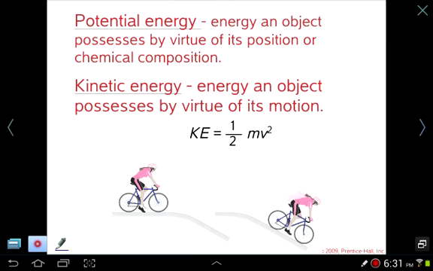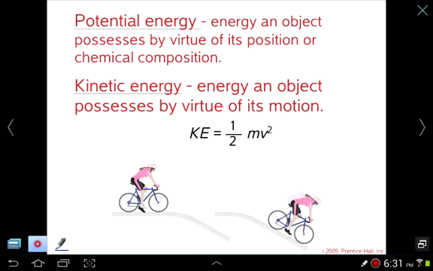So there are two general forms of energy. Now there's the potential energy, and this is also more from physics, but it's the energy an object possesses because of its position, or in our case, chemical composition. And then kinetic energy is essentially the energy of motion.